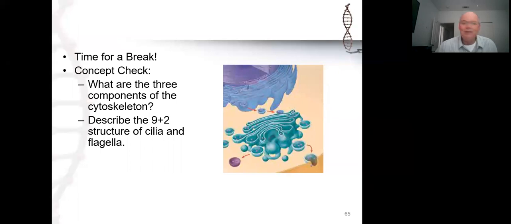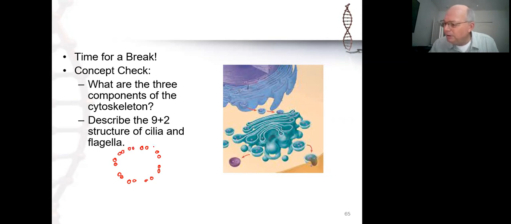What's the 9+2 structure? Remember, that is the fact that a cilium or a flagellum has 9 pairs of microtubules in a ring around the outside. So it's 1, 2, 3, 4, 5, 6, 7, 8, 9.